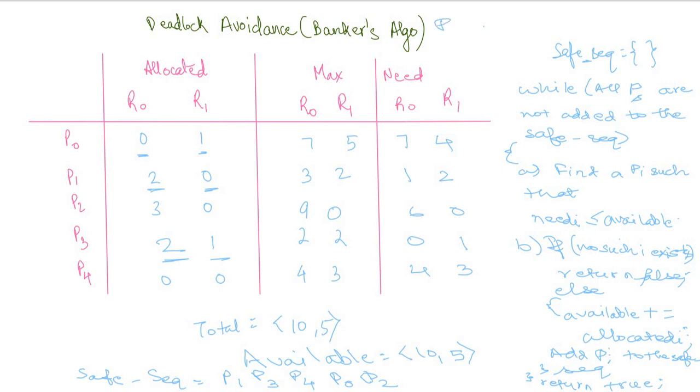So P3 requested for 1 0. So we can allocate this. Now we need to discuss a bit of something about Banker's algorithm here. So first of all, let us understand the limitations as to why it's not a totally practical approach.